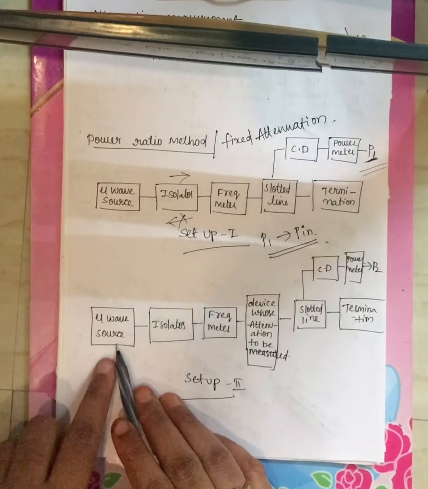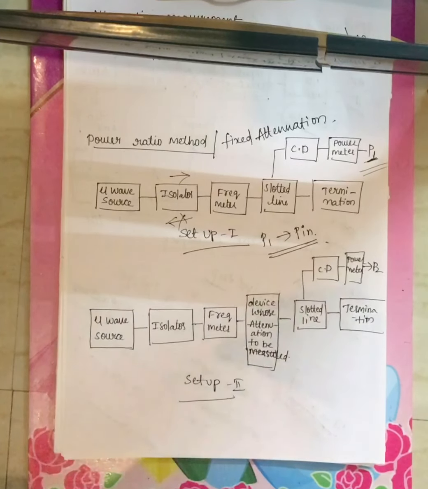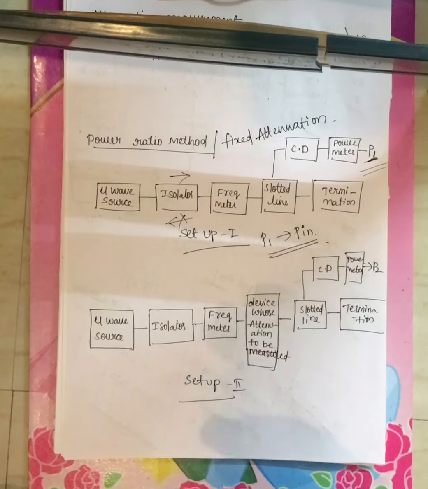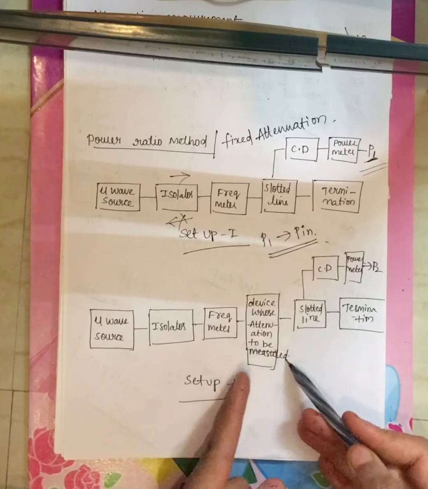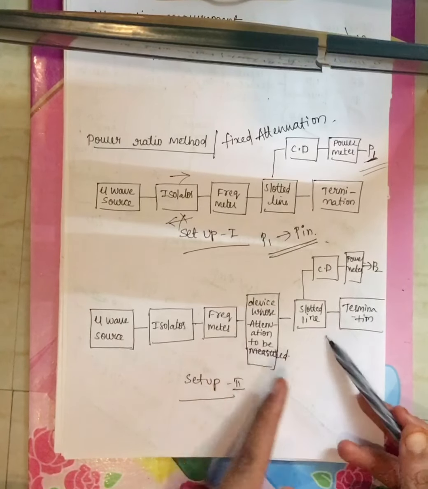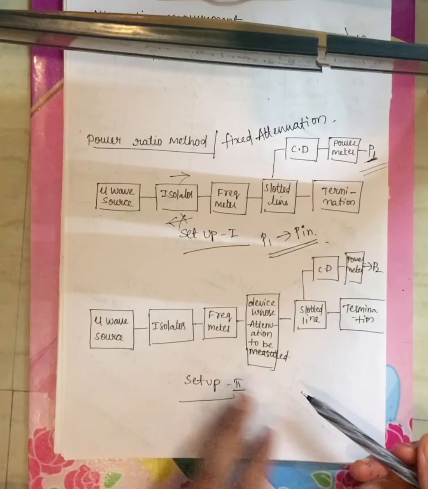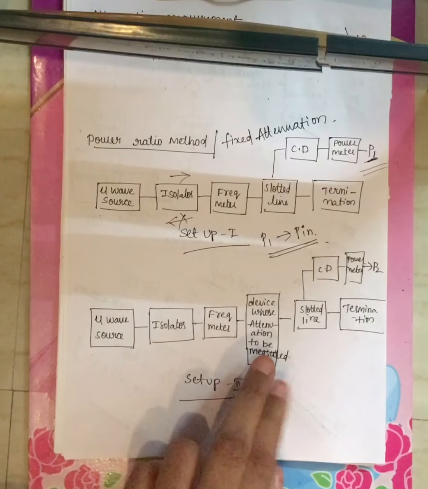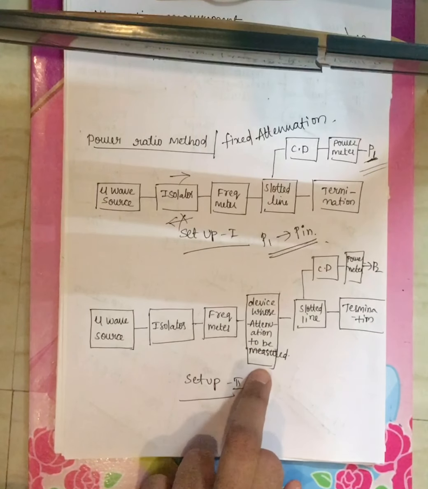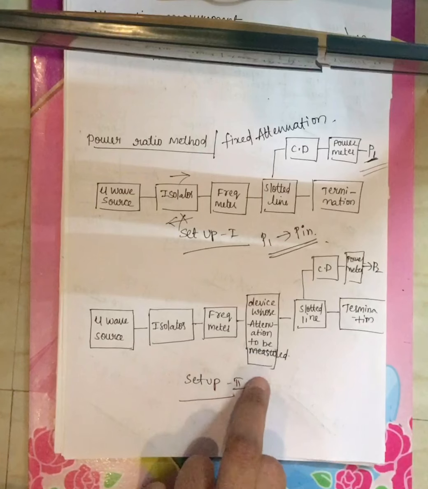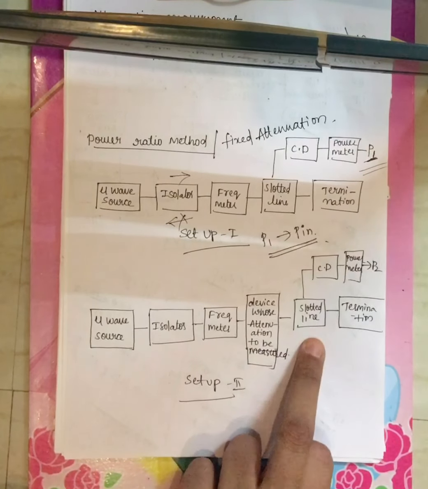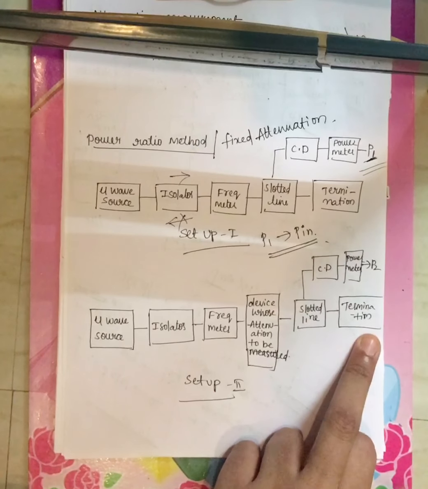Now coming to setup 2: for whichever microwave device you want to measure the attenuation, that device is placed between your frequency meter and slotted line. In setup 2, the microwave source is connected to the isolator, then the frequency meter, then the device whose attenuation is to be measured, then the slotted line, and then the termination.